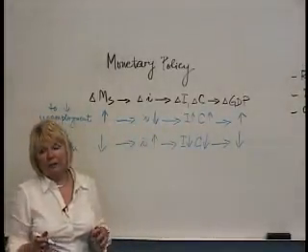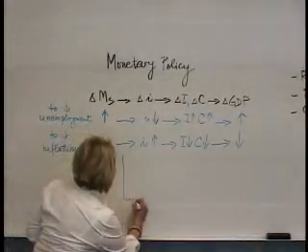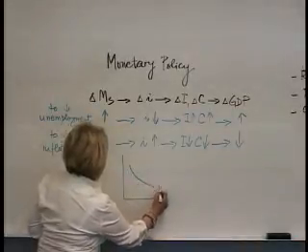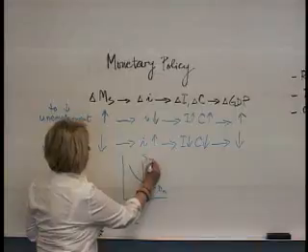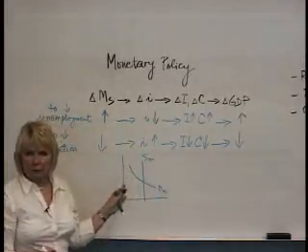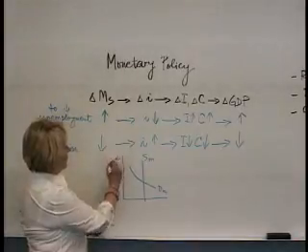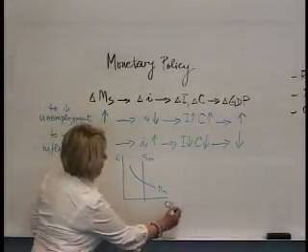If you were to show that on a graph, then you would show the demand for money and the supply of money. Remember, the supply is set by the Federal Reserve, therefore it's going to be a vertical line. Here the price, or little i, or interest rates, and this is going to be the quantity of money.